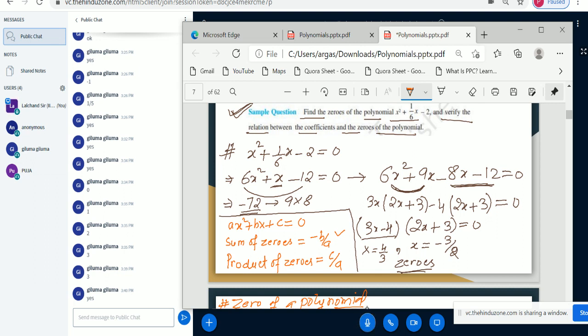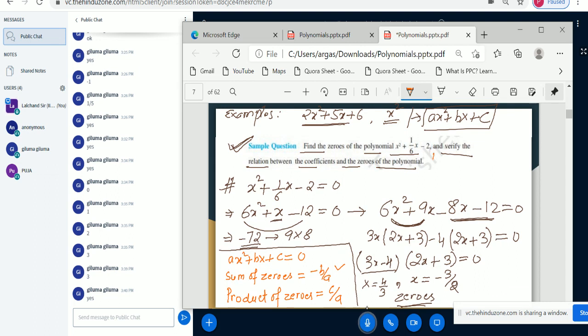If I add these two zeros, for the first relation, 4 by 3 plus minus 3 by 2. What is the value? If I take the LCM as 6, 8 minus 9, that is simply equal to minus 1 by 6, the sum of zeros.